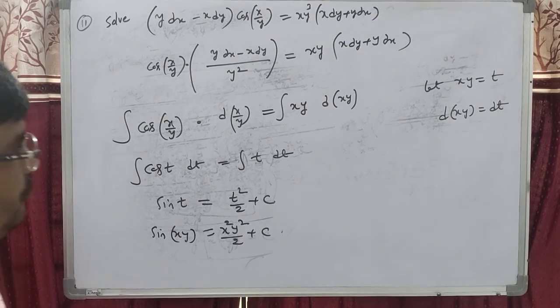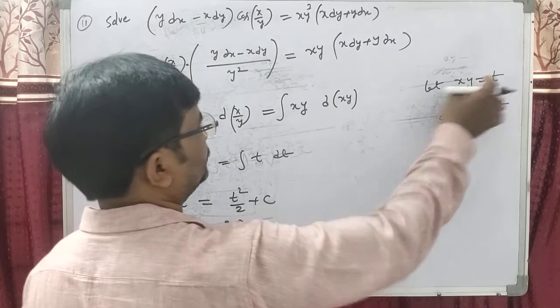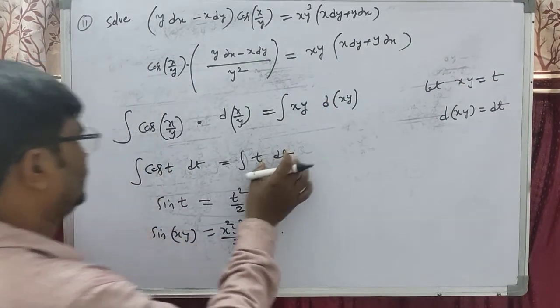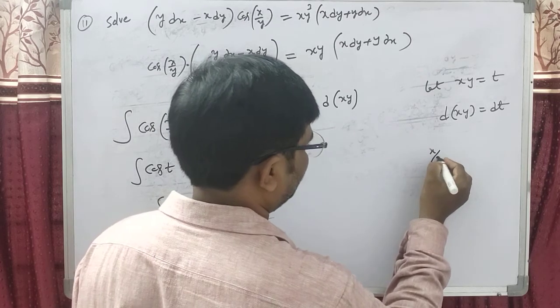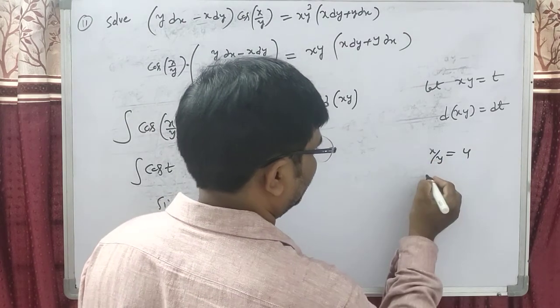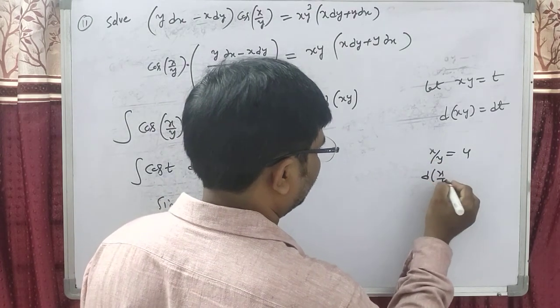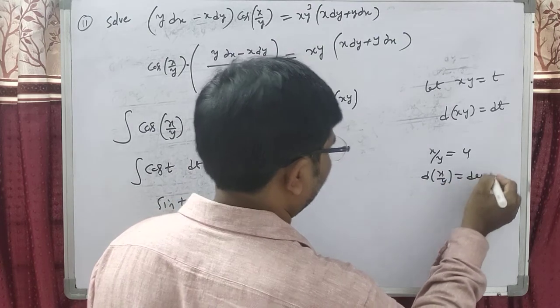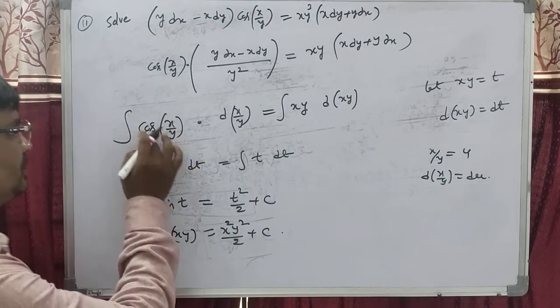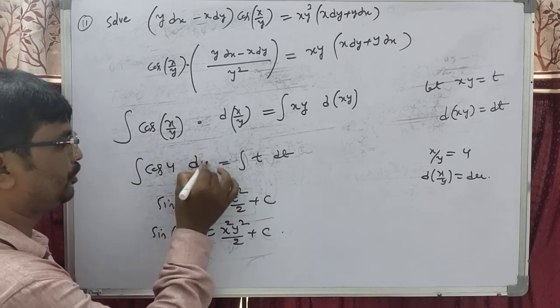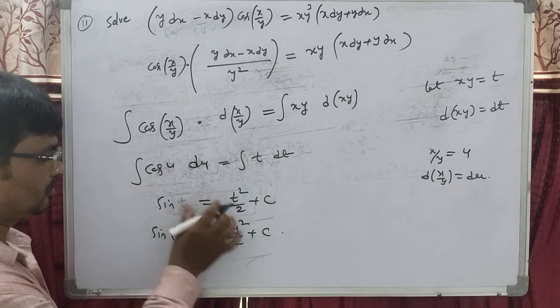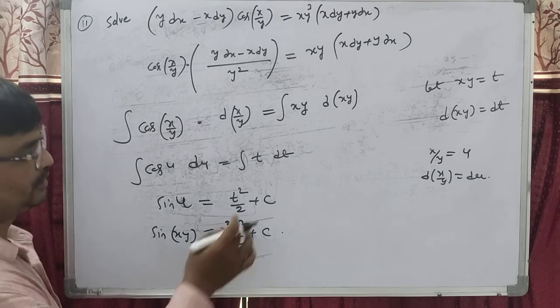My dear students, xy equal to t, this is t dt. Dear students, x by y is u, and the derivative of x by y is du. Therefore this is cos u du, so sin u, and this is t square by 2.